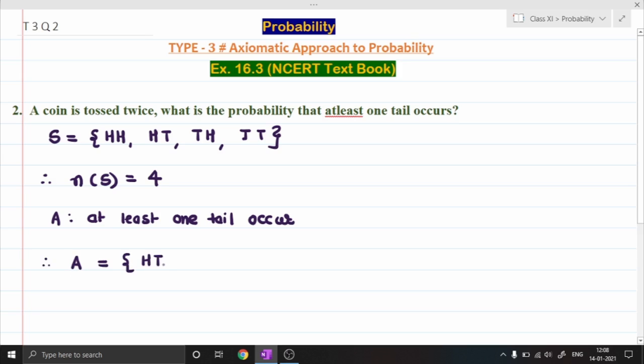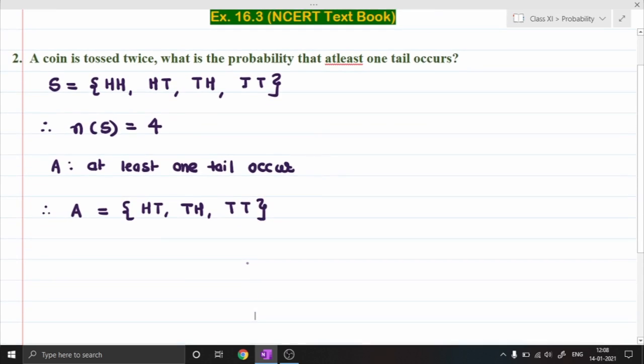So 3 elements will come: head tail, tail head, and tail tail, right? Because we want to cover only those elements which contain either one tail or 2 tails. So A gets 3 elements, and therefore the value of N of A will be equal to 3.